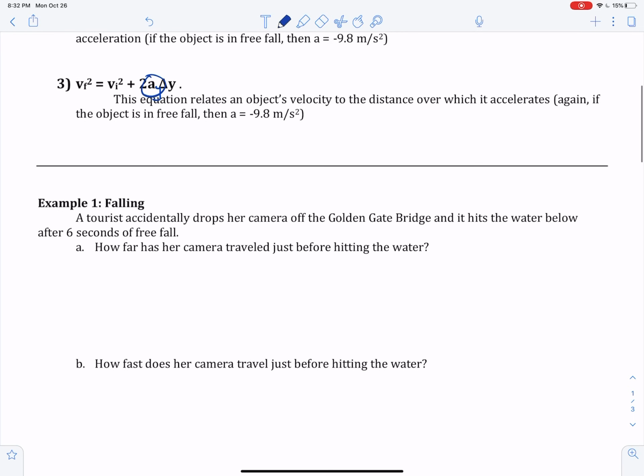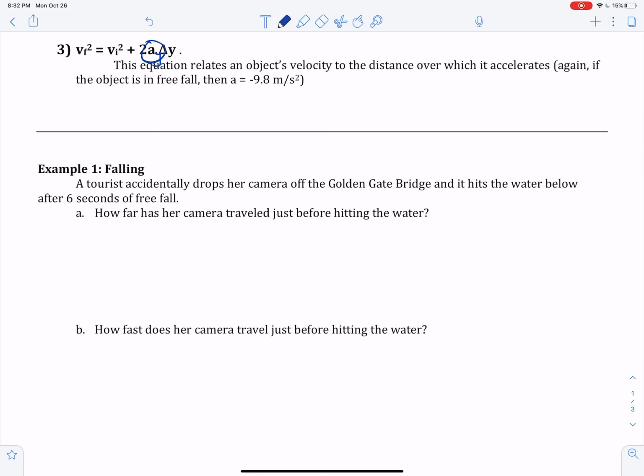Here's the first example. A tourist accidentally drops her camera off the Golden Gate Bridge and it hits the water below after 6 seconds of free fall. How far has her camera traveled just before hitting the water, and how fast does her camera travel just before hitting the water? So we have to imagine here's our Golden Gate Bridge going over the water below. Here's the two towers.